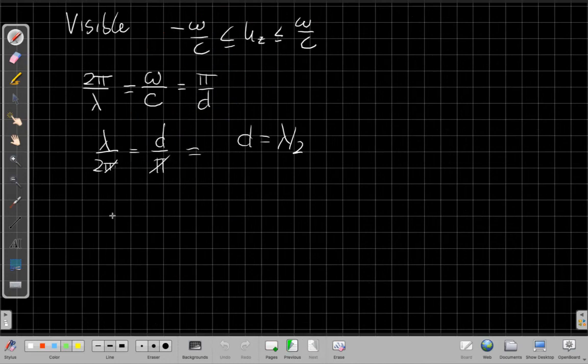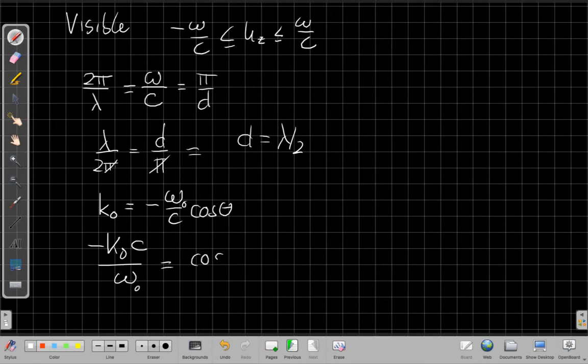I've got k naught for that narrowband plane wave. K naught is minus omega over c cos theta. So I could read k naught off the graph, and minus k naught c over omega naught, reading omega naught off the graph, would be equal to cos theta.